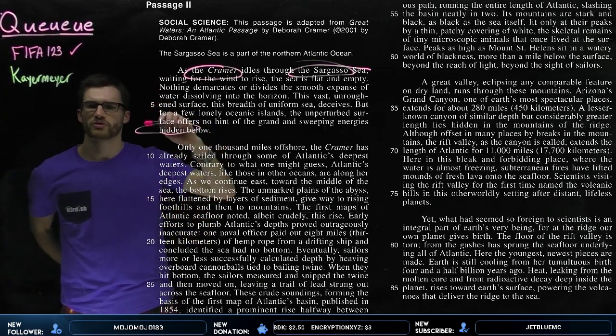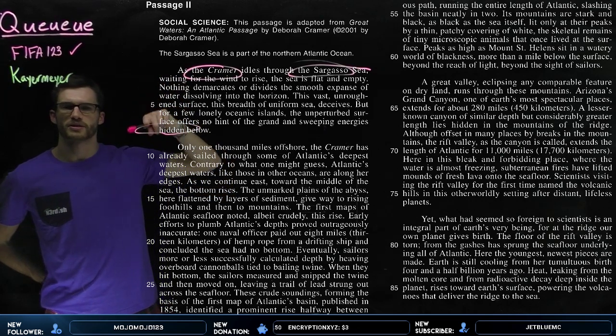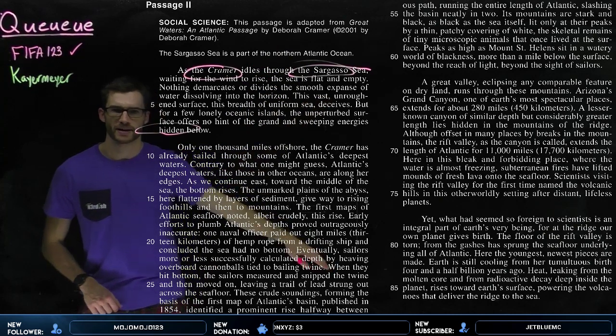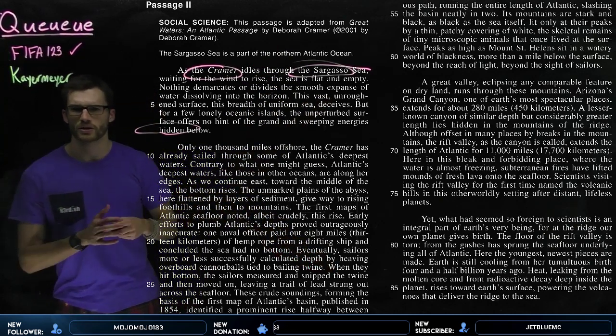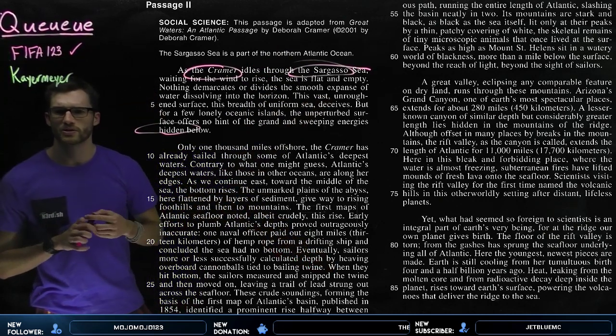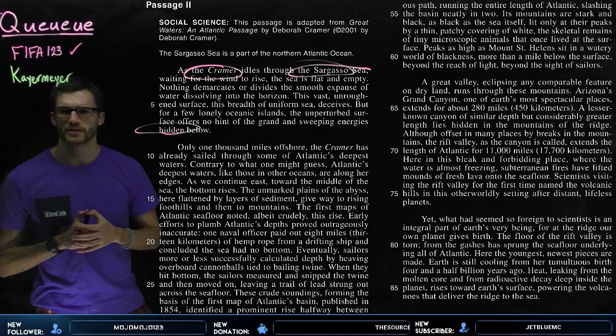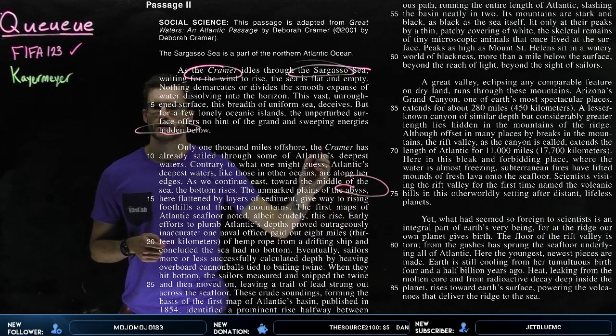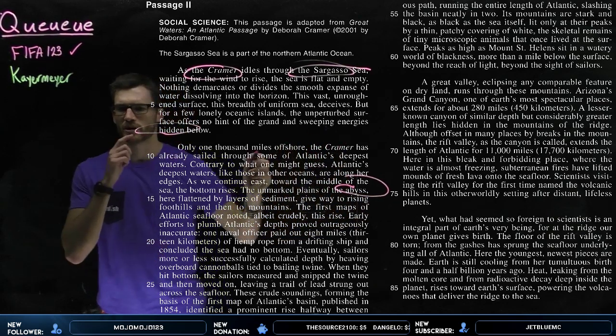So I'm going to go through, and I didn't read most of the words in this paragraph. I'm going to do the same thing for the rest of the passage. I'm just going to do it a little more here. So Atlantic's deepest waters, okay, so deep waters, unmarked plains of the abyss. Okay, I'm not going to circle Kramer again.